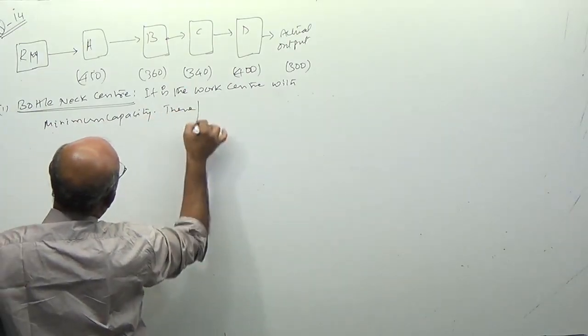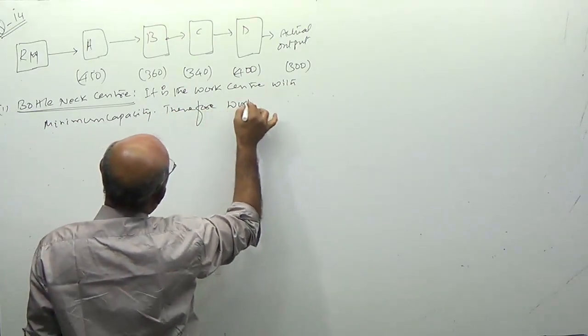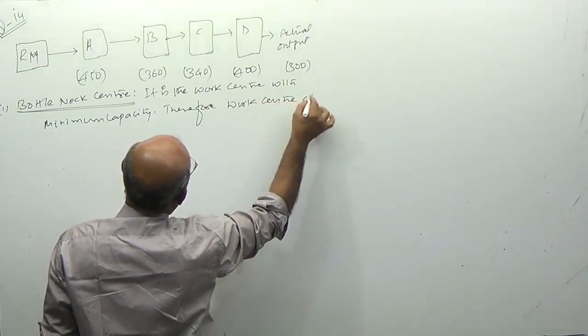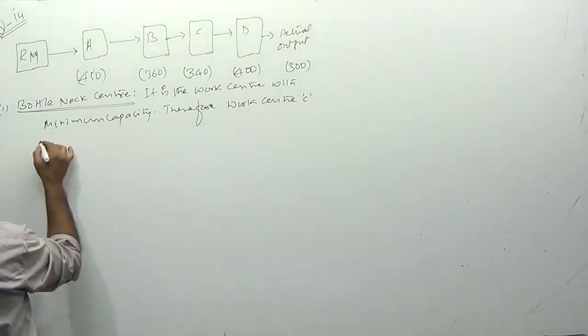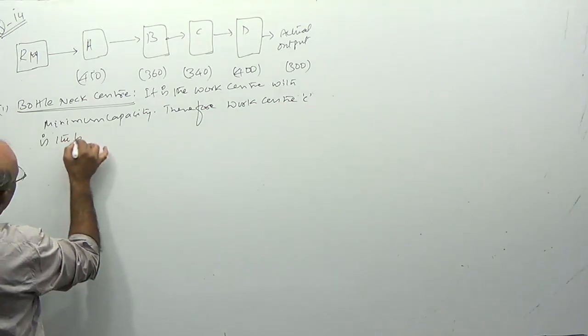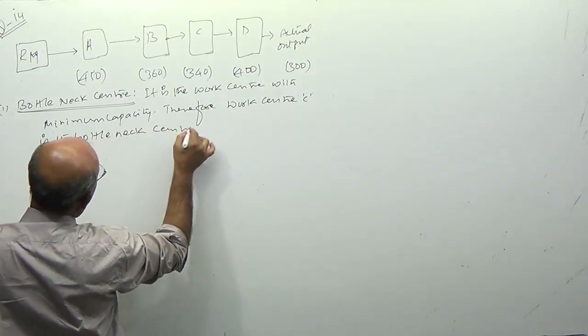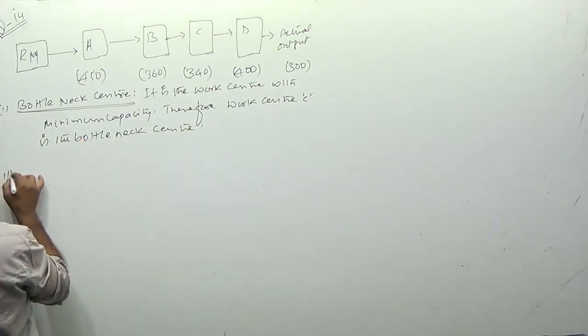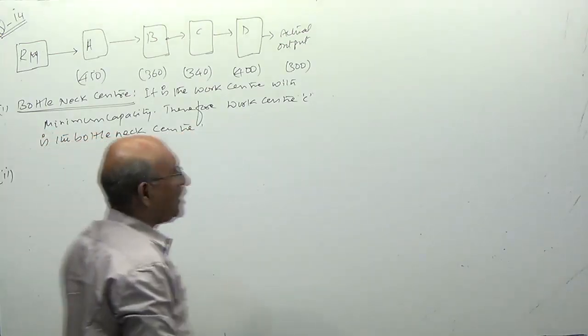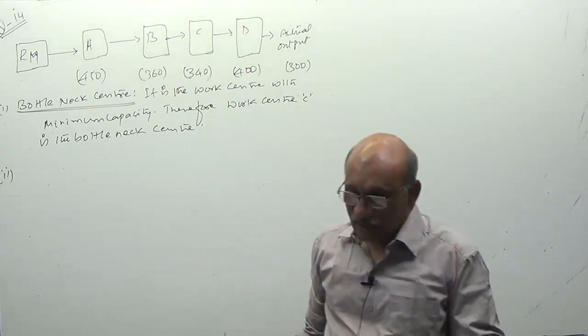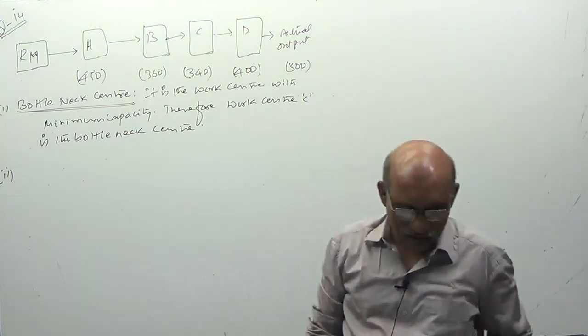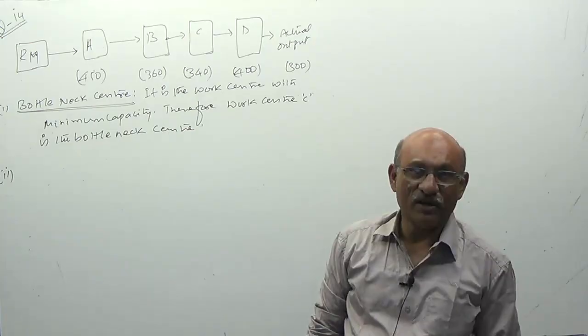Therefore, work center C is the bottleneck center. What is your second question, sir? What is the system capacity?